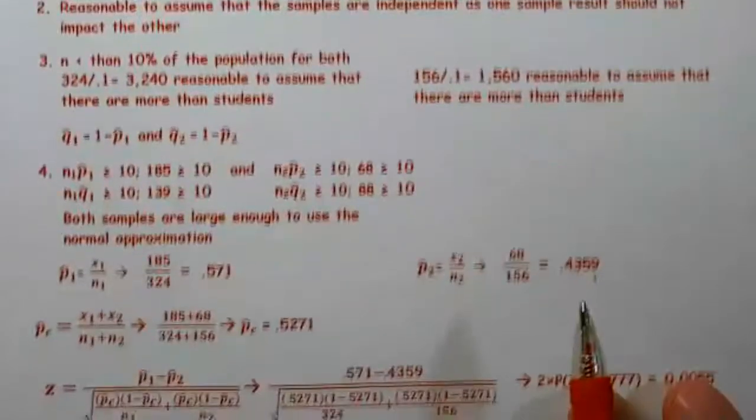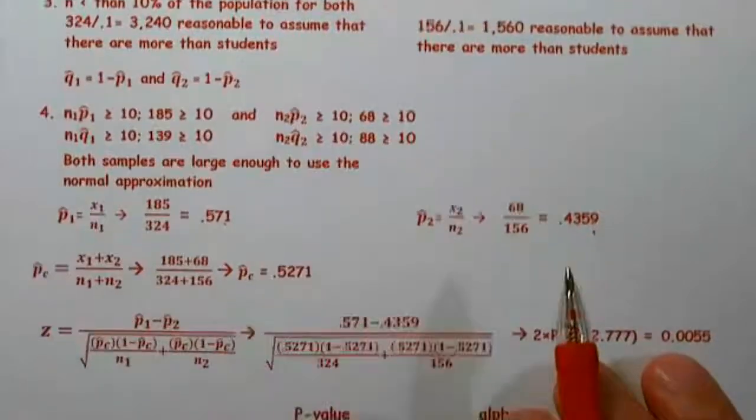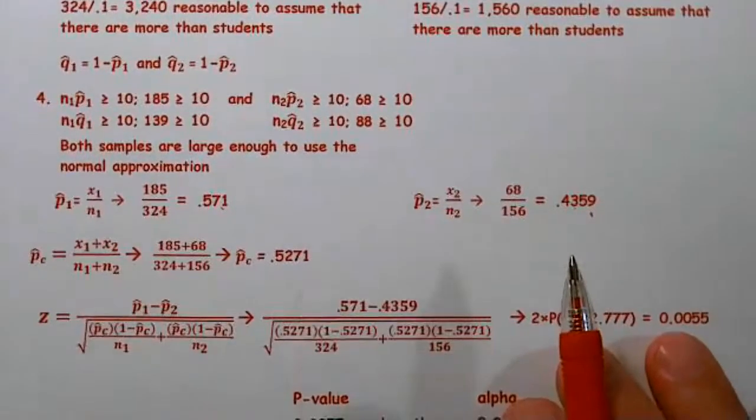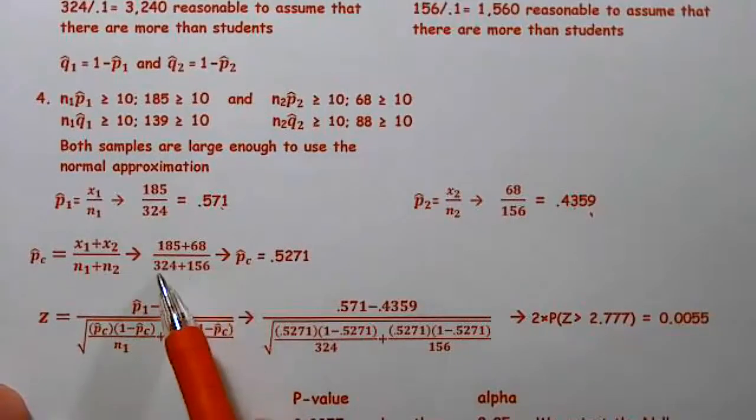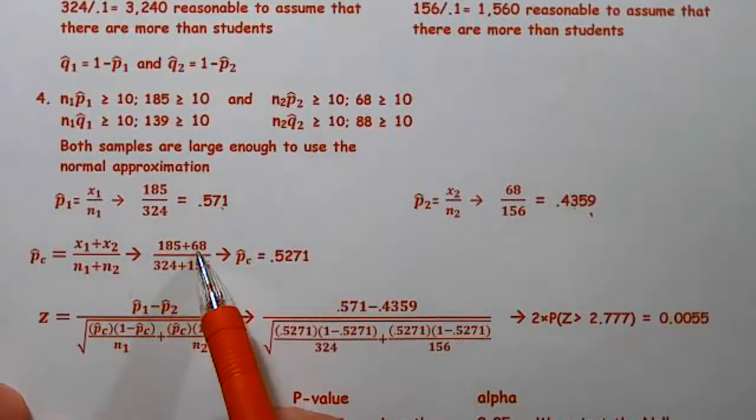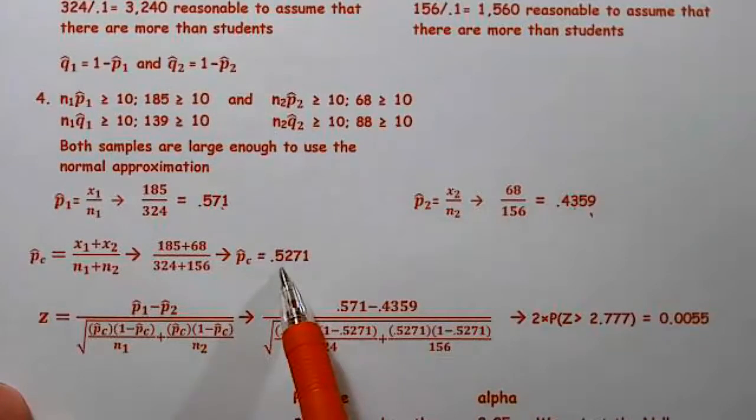Once again, since we're working with two proportions, we have to pool or combine them. And I end up plugging in my sample sizes. Those are the people who preferred S, first sample, second sample. And we say, all right, we still have a preference for S, and it's at 0.5271.